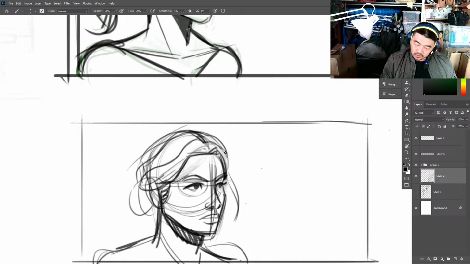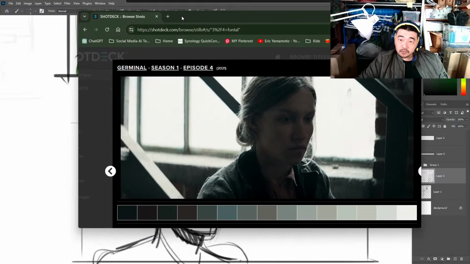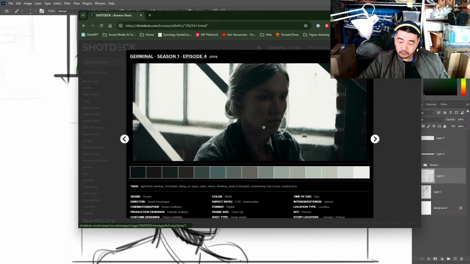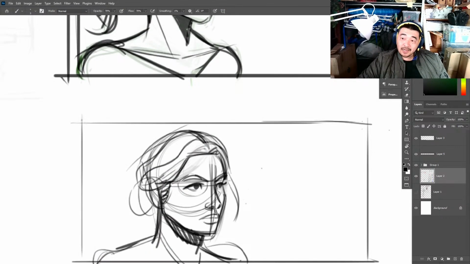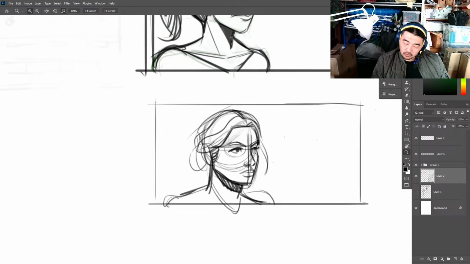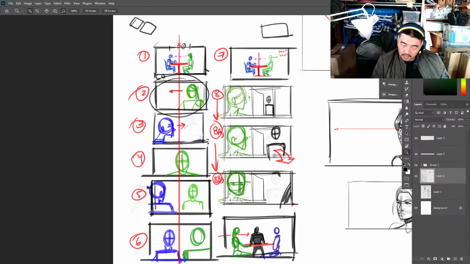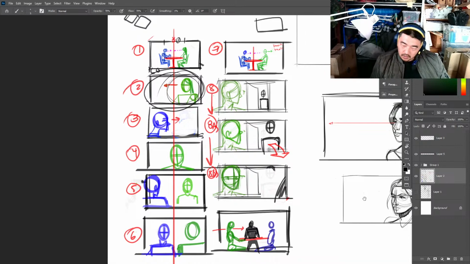I'll just let you guys know that yes, I am still using reference. I'm using reference for this, but because I know what I want, this 3/4 frontal, I got that 3/4 frontal from here.